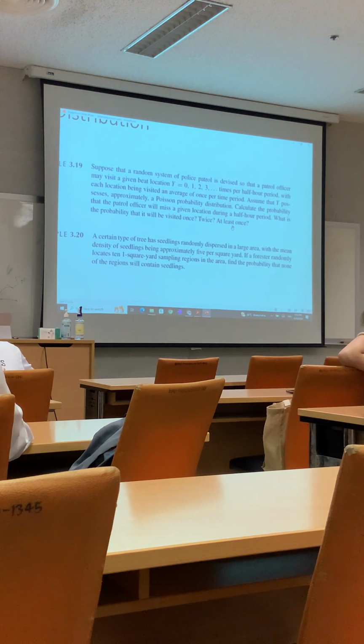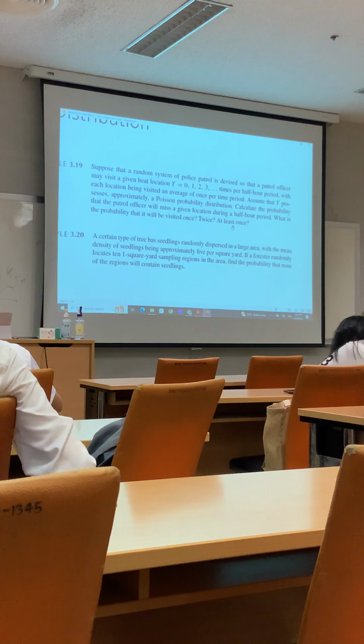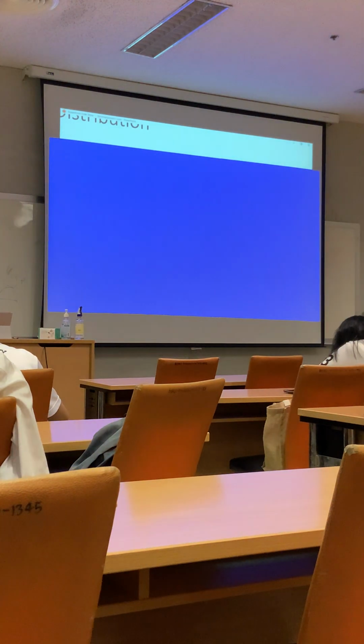It wants the probability of y equal to 0, y equal to 1, y equal to 2, and at least 1. So there are 4 sub-questions. But it's easy, because if you remember the formula, then you know the answers.